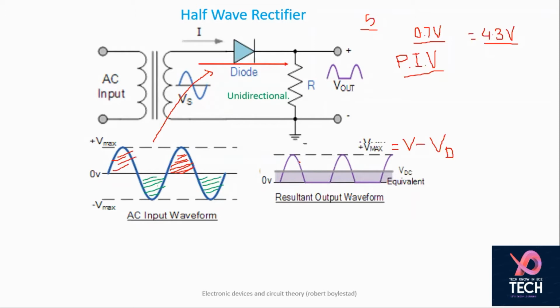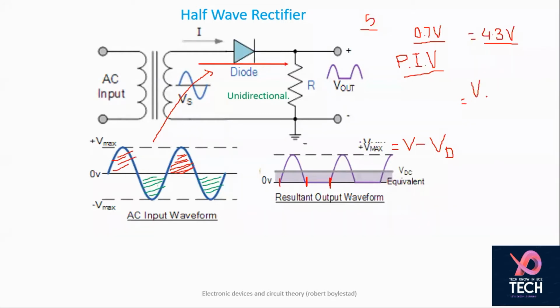And what is the value you are getting in this case? That is VDC, the average value. Average value means your cycle is, this is 0 degree, 180 degree, 360 degree. In one cycle it is there, in the other cycle it is not. So how will you find the DC equivalent? I think you have already done this in previous classes.